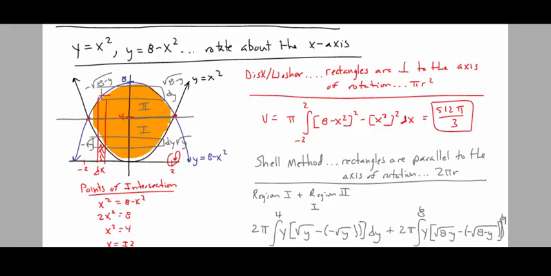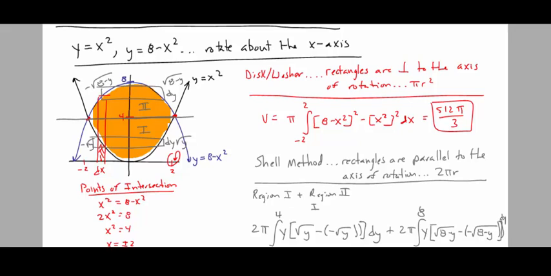And my next one would be 2 pi integral from 4 to 8. So this would be y. This would be another 2, so this would be 2y root 8 minus y dy. So some of these will be a little tricky for integration, but I think this one particularly, I like this one, will be fun. So double check these, 512 pi over 3, because you want to make sure your integration skills are sharp.